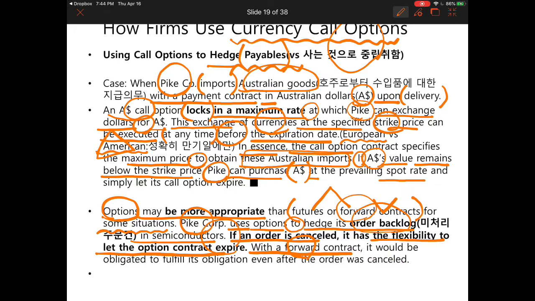So with either forward or futures, the purchaser is obliged to fulfill its obligation, even if the order from the factory in Australia was canceled. Against that, an option will give you much more flexibility. In return for the flexibility, you have to pay a premium at the beginning as a sunk cost. That's the kind of trade-off you have to think about. Now let me move to the next slide.